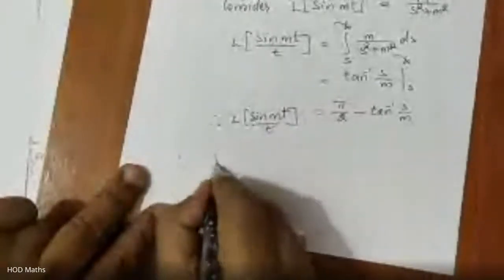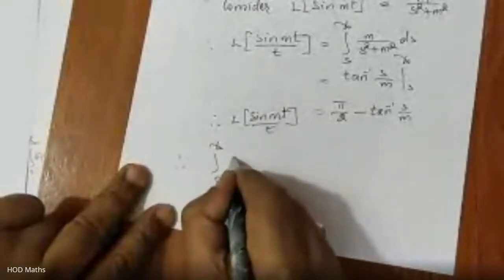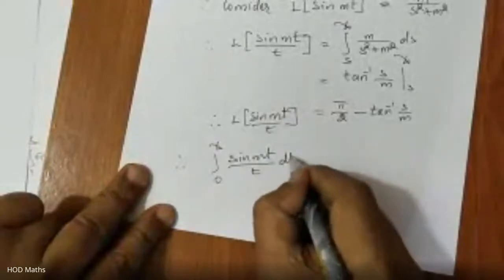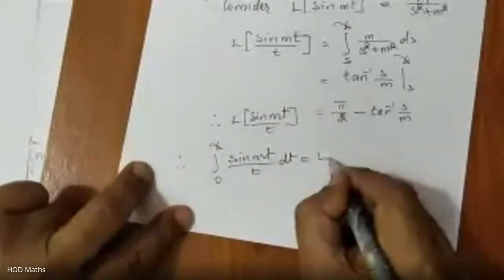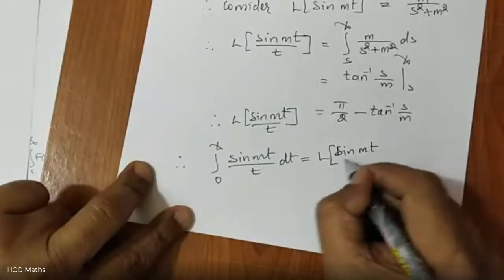Therefore, integration from 0 to infinity of sine mt by t dt will be what? We have already evaluated this with s equal to 0, right? If I put s equal to 0, s by m is 0, and tan inverse 0 is 0 because tan 0 is 0.